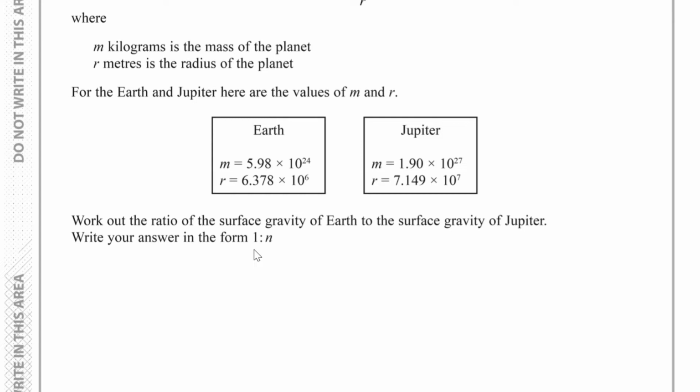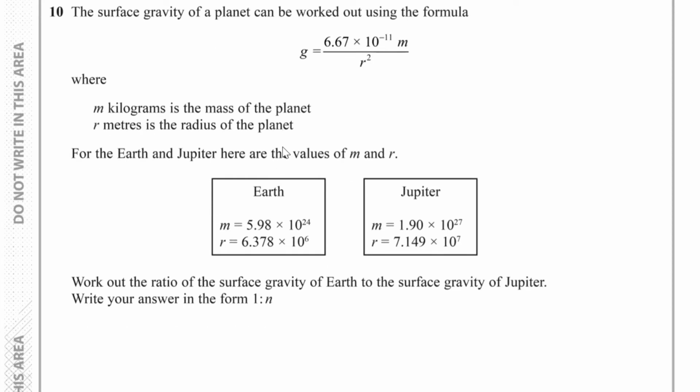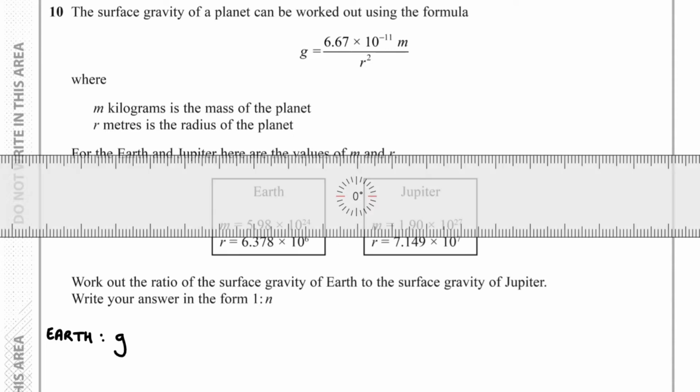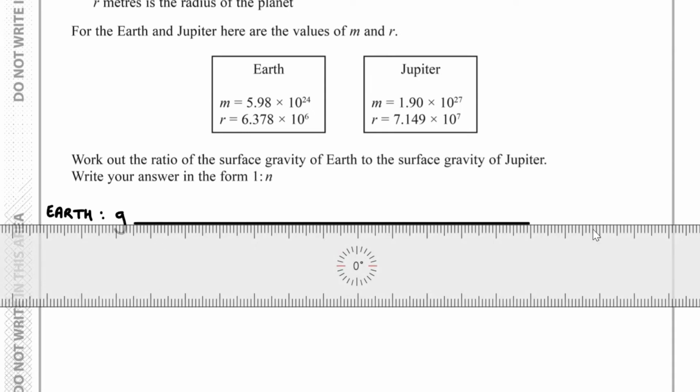So let's think about how we can do this. Well, obviously we need to actually work out what G is for Earth and for Jupiter. So for Earth, if we work out what G is, let's just draw a straight line here.